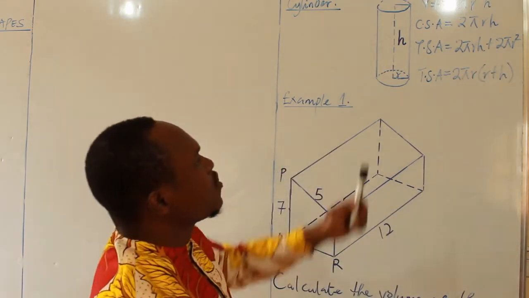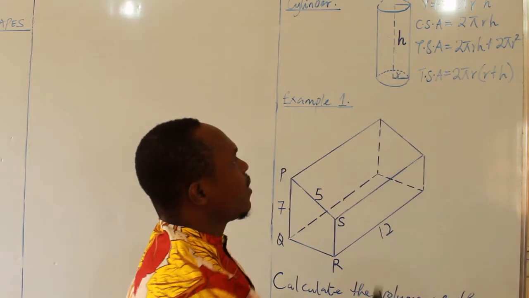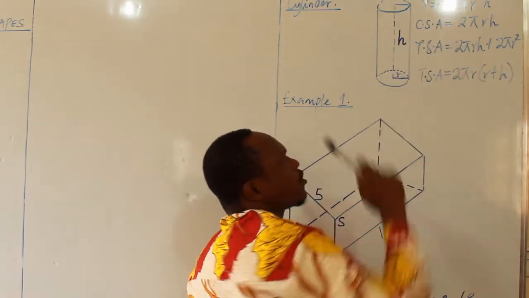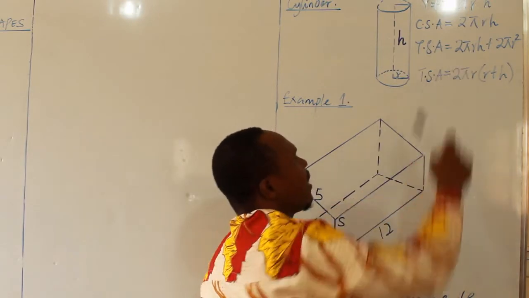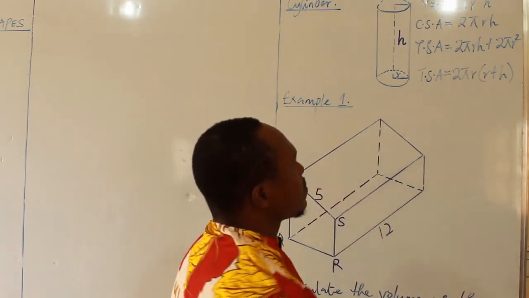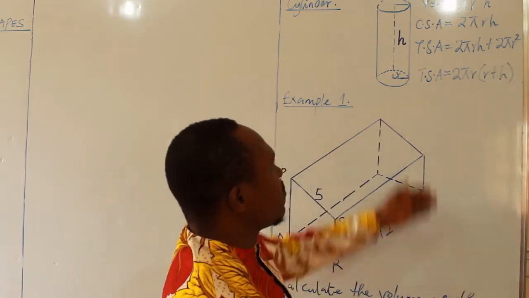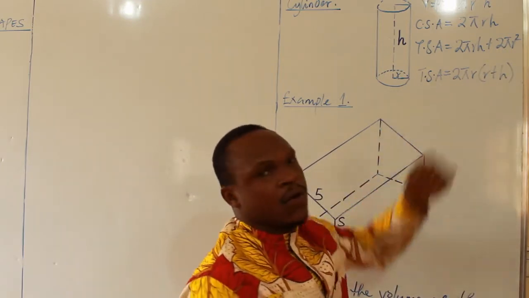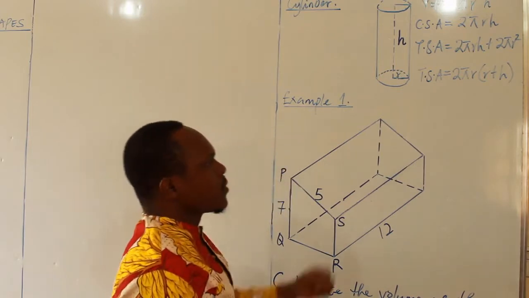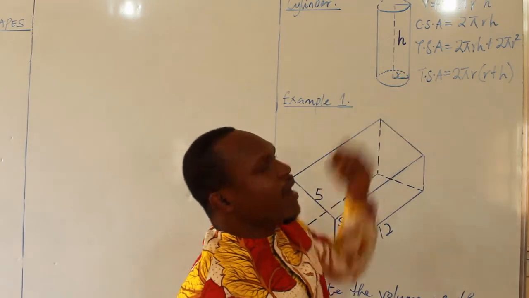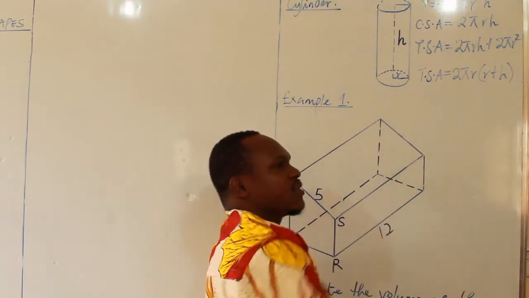So the formula for the total surface area of a cylinder is 2 pi r squared added to the formula for the curved surface area, which is 2 pi r h. If you look at it, you factorize it because 2 pi r is common to both terms. If you bring out 2 pi r, we're left with r plus h. So the formula for the total surface area of a cylinder is 2 pi r (r plus h).